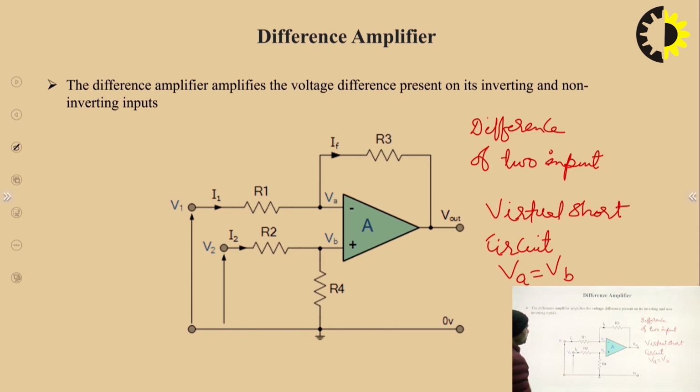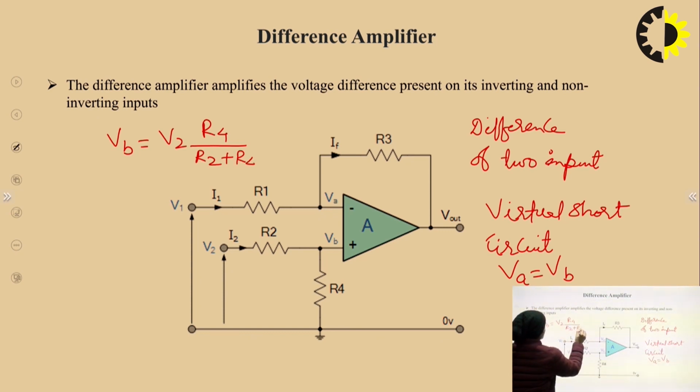We can see this VB will be equal to the voltage V2 multiplied by this resistance which is connected to the ground, that means R4, upon the total resistance R2 and R4, that means R2 plus R4.